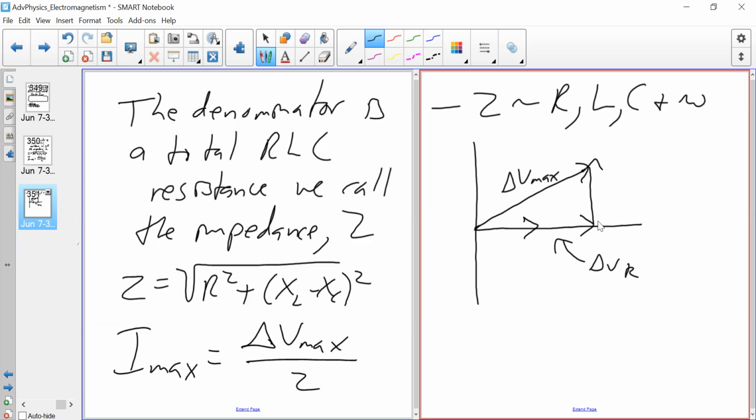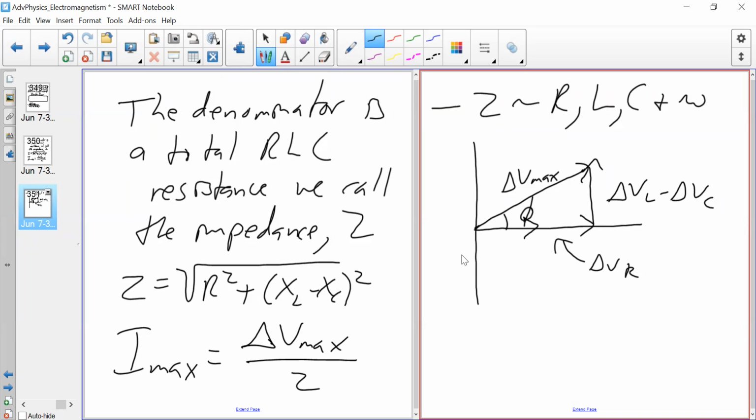This is the vector result that we see here, which is a vector sum of delta VR and delta VL minus delta VC, and then there's going to be our phase angle there. So we've now graphically found the phase angle, the maximum current and the maximum voltage for an RLC circuit, at least vectorially.